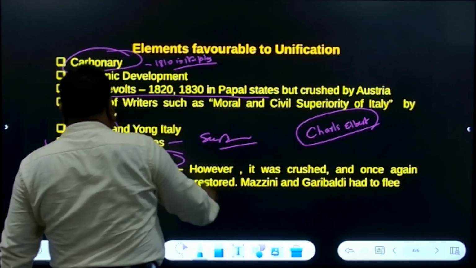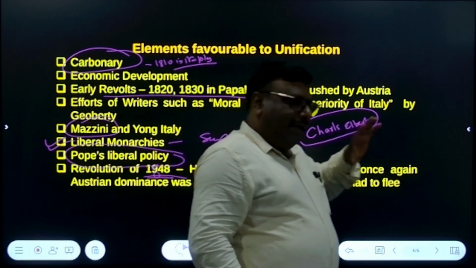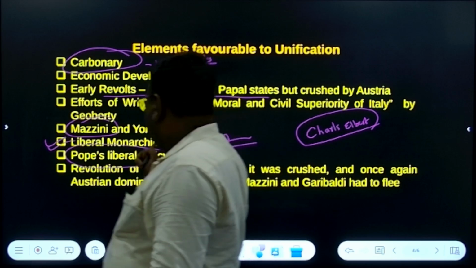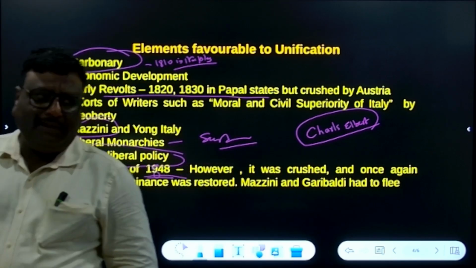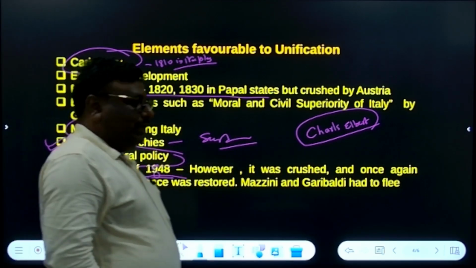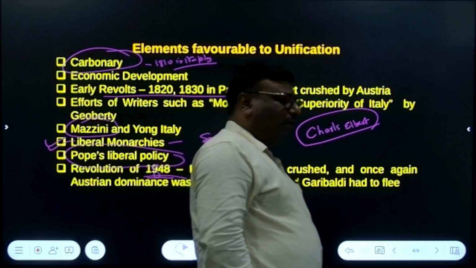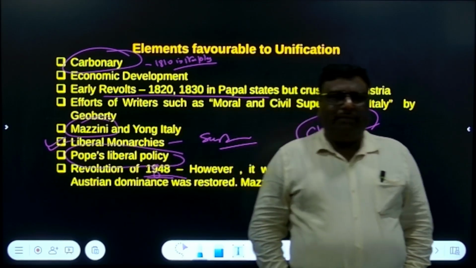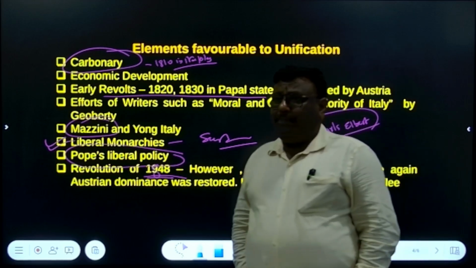1848, again, I already explained about the revolution of 1848 in the unification of Germany. The revolution of 1848 brought a drastic change in the political administration of Europe.